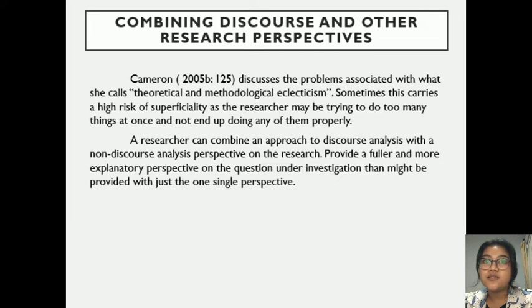But a researcher can combine an approach to discourse analysis with a non-discourse analytic perspective on the research. Indeed, often an approach of this kind can provide a fuller and more explanatory perspective on the questions under investigation than might be provided with just one single perspective.